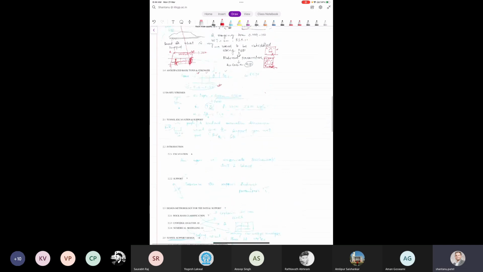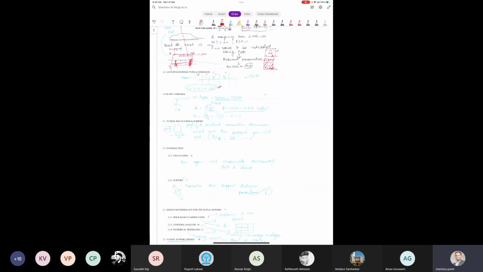Once this part is done, you calculate your in situ stress that we have discussed, right? And then you write something about the tunnel excavation and support. Maybe you'll add it later because we have not studied it yet. And drill and blast and those things.